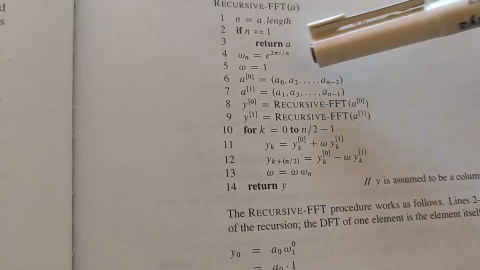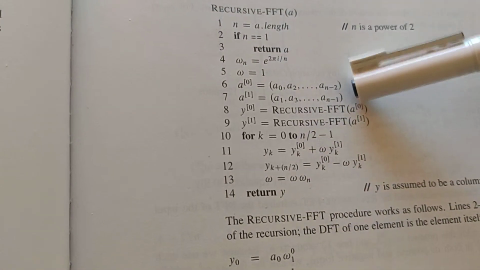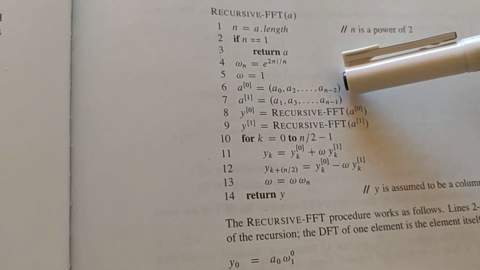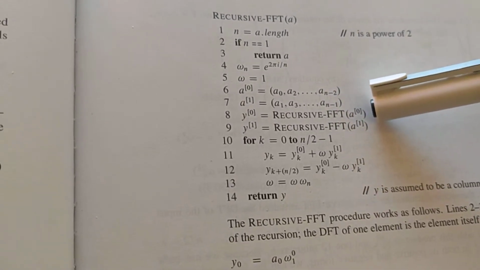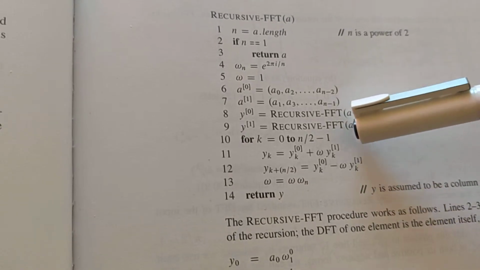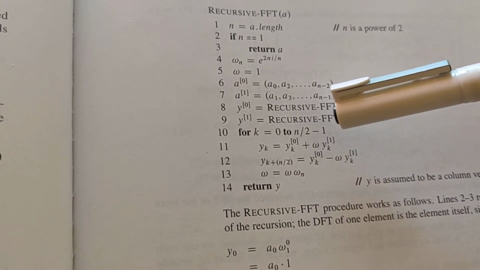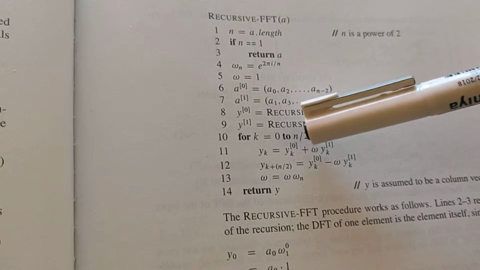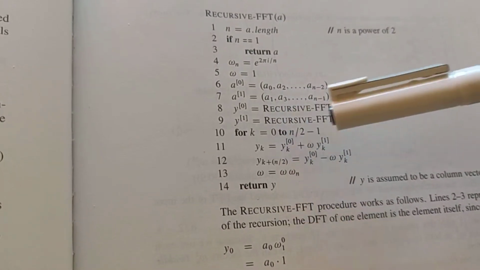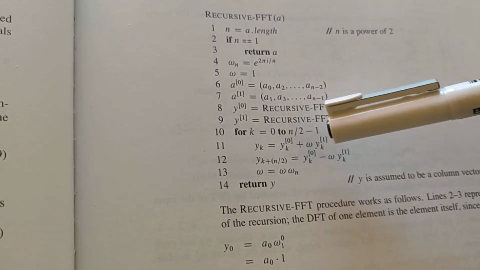Then they set up their omegas, and they get the a0, a1, the even terms and the odd terms. They find out what the actual values are, and then for k from 0 up to n over 2 minus 1, they use the exact same thing that they found in the previous one, omega times the exact same.